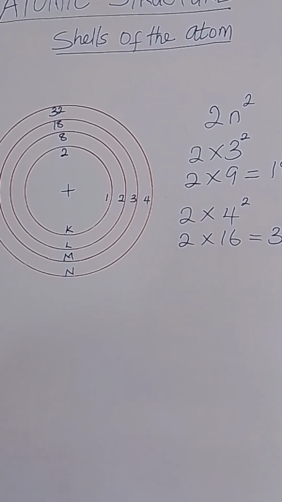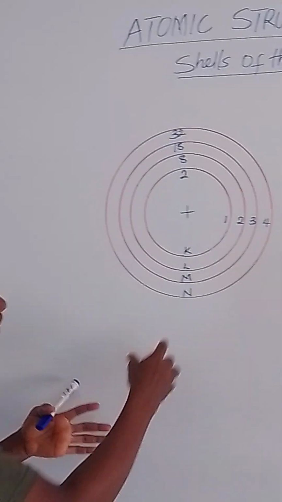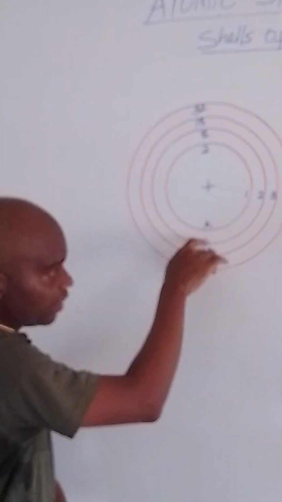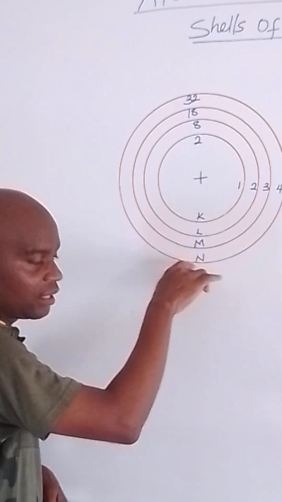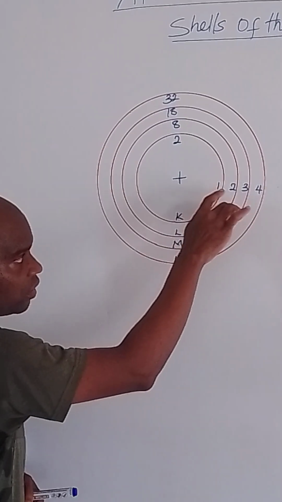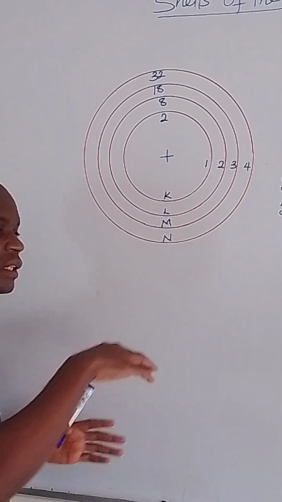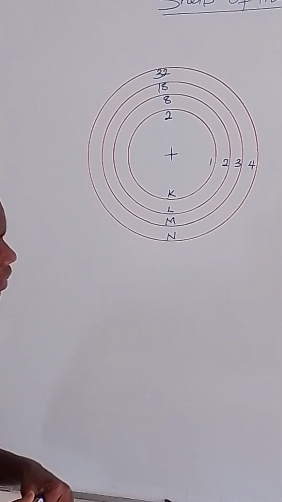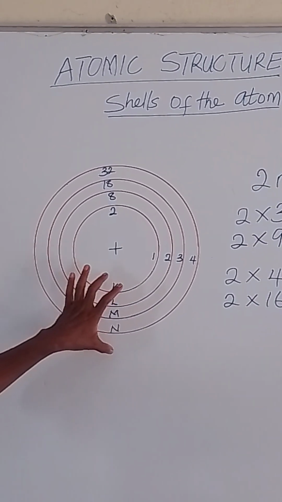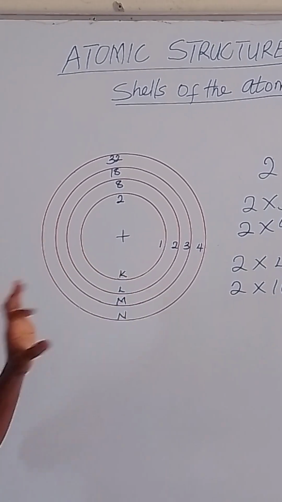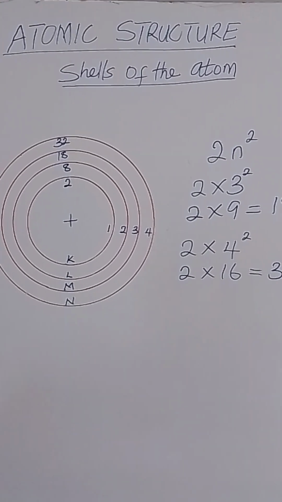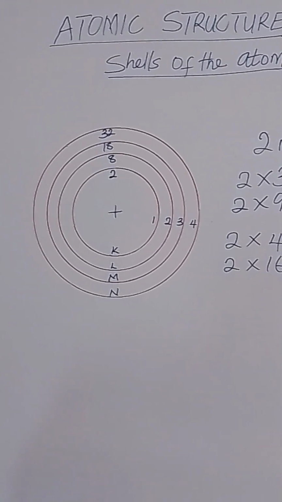I started by telling us that the shells of the atom are lettered. We have K, L, M, and N, corresponding to the energy levels 1, 2, 3, 4, etc. And I also told us that each of these shells has its specific capacity for accommodating electrons.